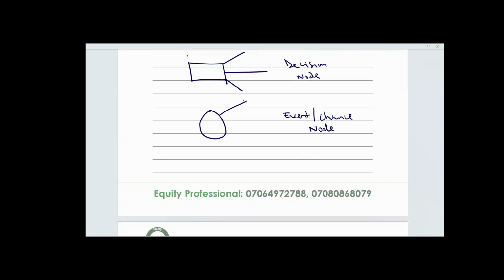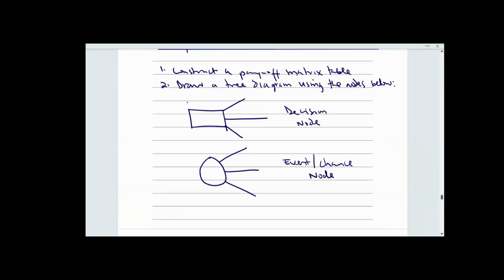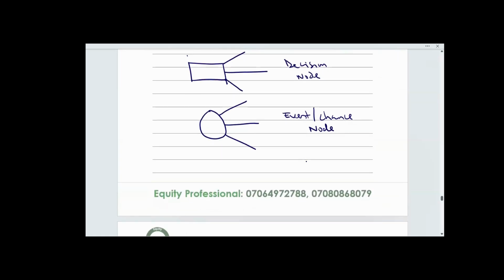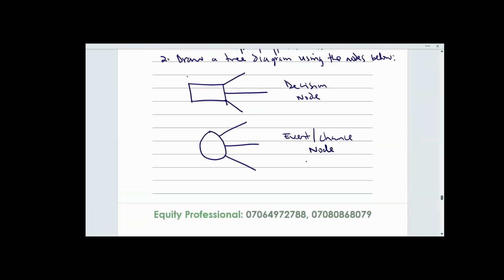The directional arrows will depend on the number of states of nature. Let's say if you have 3 states of nature, high, medium, low, then you are going to have 3 directional arrows. If you have 2 states of nature, you put 2 there. Immediately after the decision node, the chance node will follow. So these are the 2 nodes to draw your tree diagram.